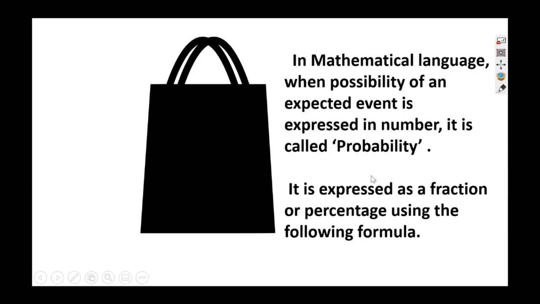For that sake, we develop the concept of probability. In mathematical language, when the possibility of an expected event is expressed in number, normally in fraction, it is called probability. Sometimes we represent it in percentage also. So how can we do that in this case? This case is very simple, so it is easy to make you understand. That is why this case is taken.